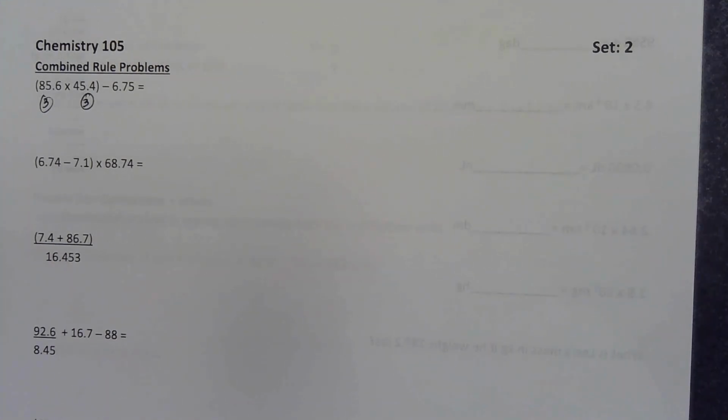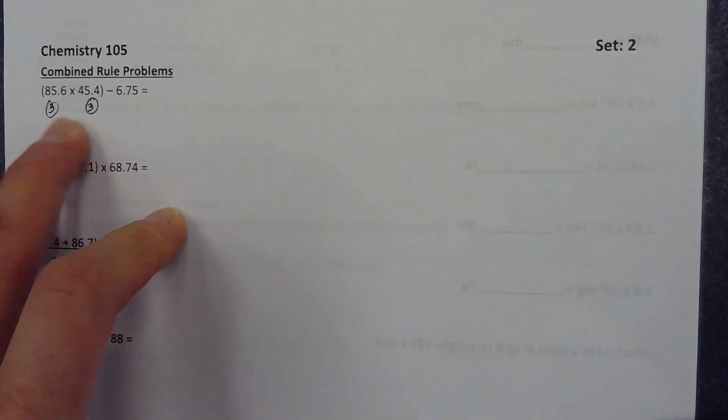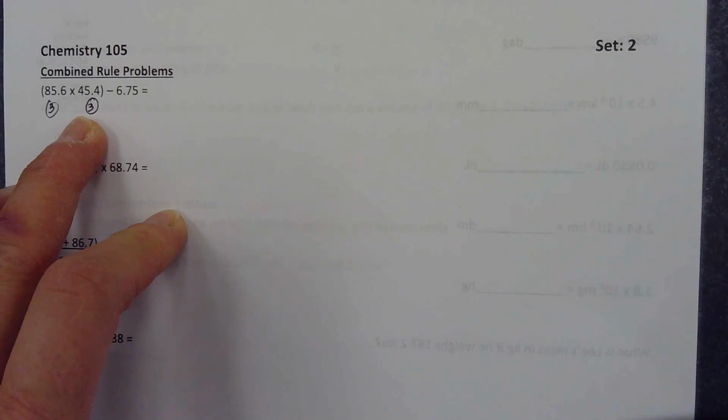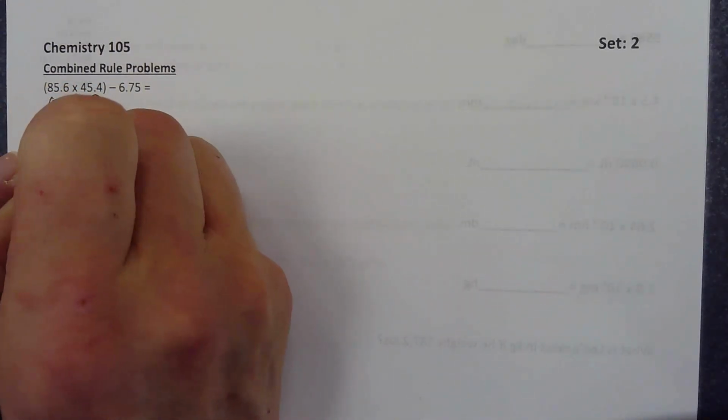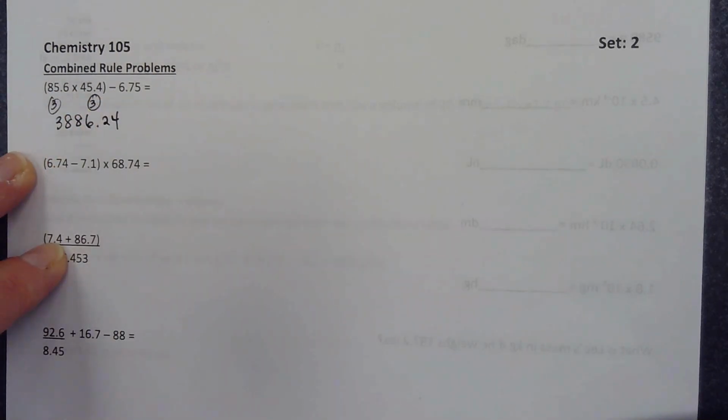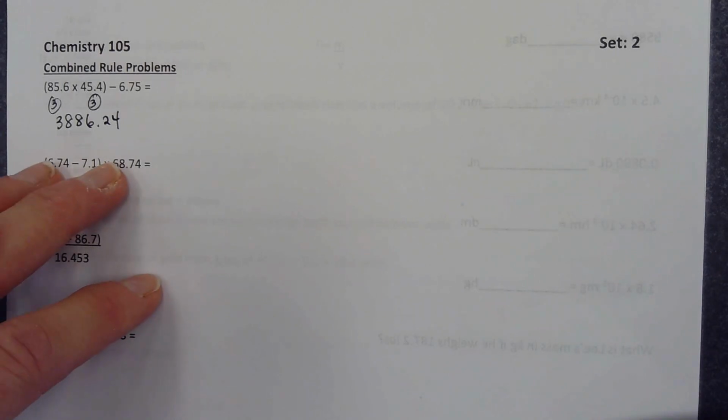You do that, but you also have to pay attention as you go. So 85.6 times 45.4, and note that answer. 3886.24. Is that what you get? Anybody else get that? Talk to me. Yes. Okay, good. Thank you.